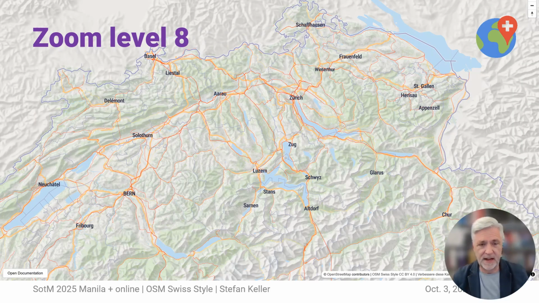So let's look at the first map on Zoom level 8, where we see important cities, actually the main cities of the cantons shown in that bounding box. And actually the bounding box, of course, shows the whole Switzerland, but this is the zoom level where you see more detail.